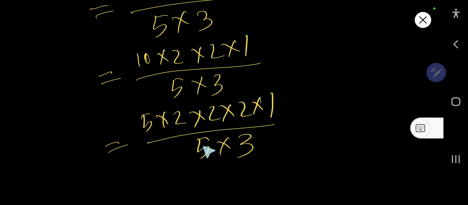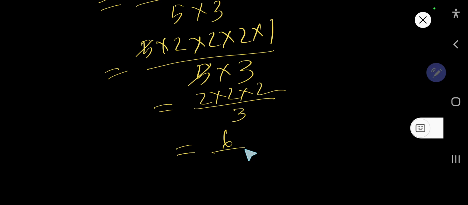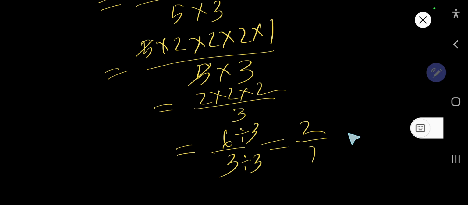So look, cancel this 5, so you are getting here 2 times 2 times 2 divided by 3. So you are getting here 6 over 3. That is, now divide this 6 by 3 and this 3 by 3. So we are getting 2 over 1, that is 2.